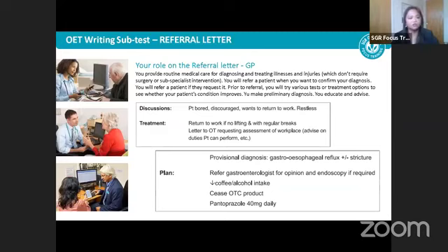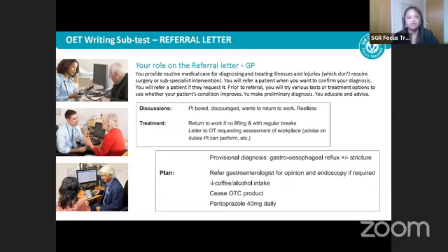Your job is normally to refer a patient when you want to confirm your diagnosis, and you will refer a patient if they request it as well. Prior to referral, you will try various tests or treatment options to see whether your patient's condition improves. You make a preliminary diagnosis, and you educate and advise.